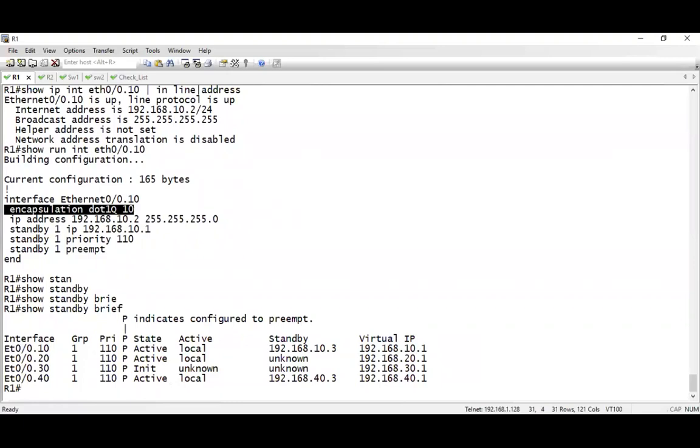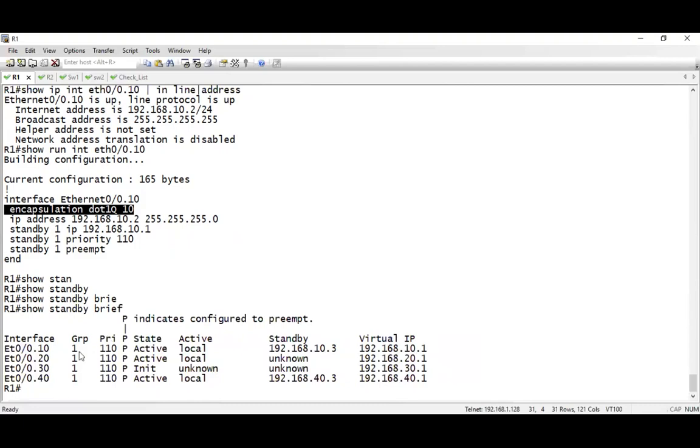So here we noticed the L2 VLAN was not configured on switch 2 and was not passed towards R2. We corrected the configuration and HSRP started working fine.